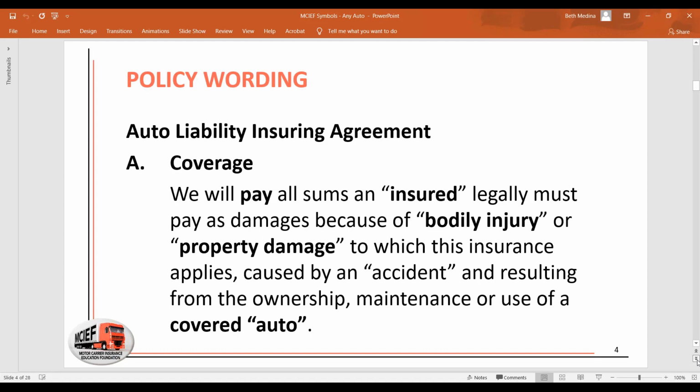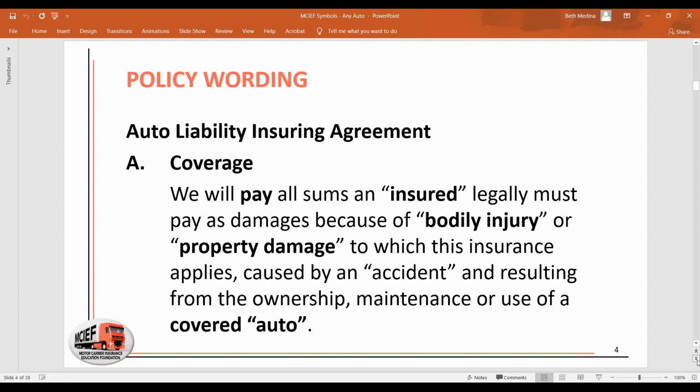The auto liability insurance agreement reads as follows. We will pay all sums an insured legally must pay as damages because of bodily injury or property damage to which this insurance applies, caused by an accident and resulting from the ownership, maintenance, or use of a covered auto.